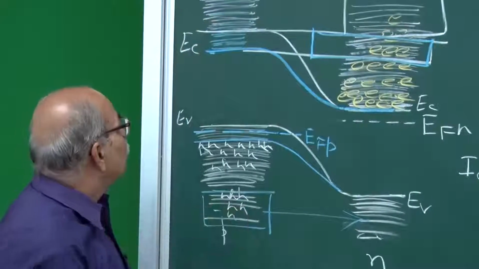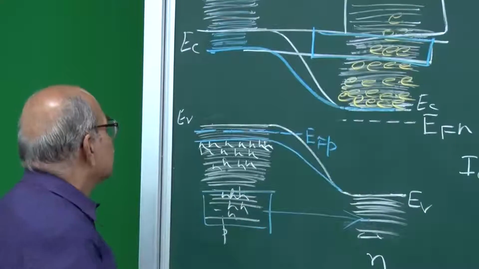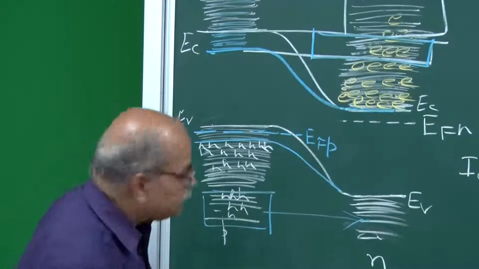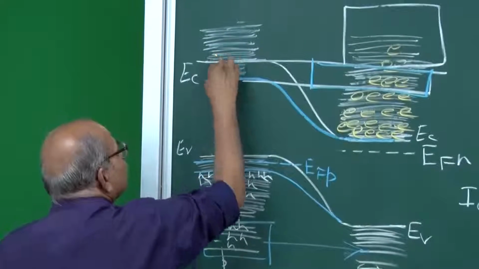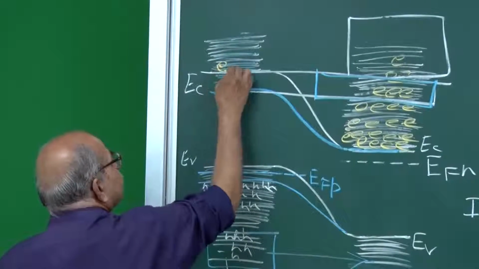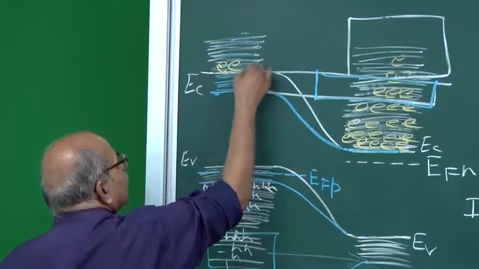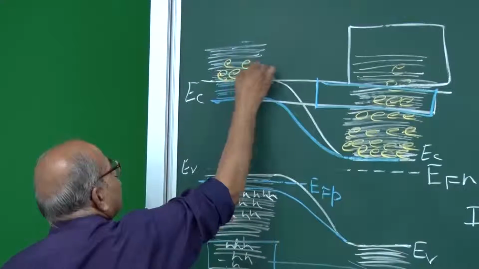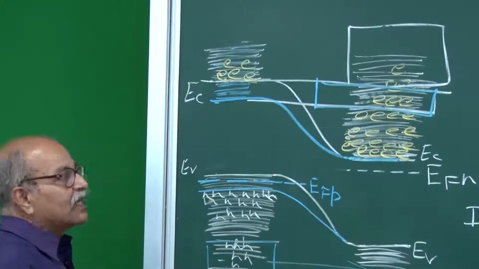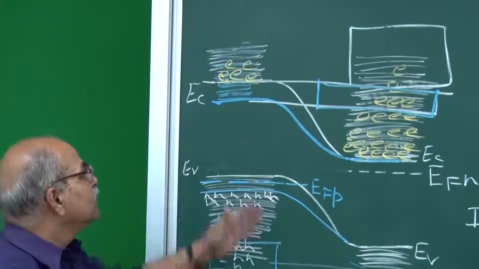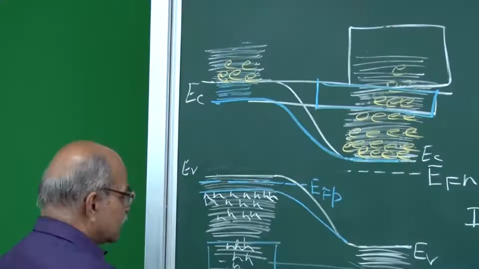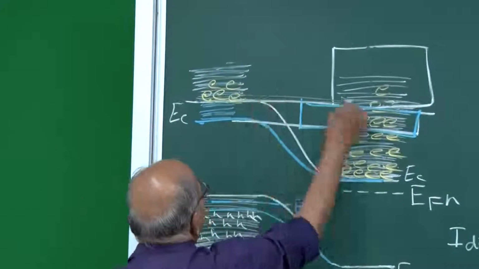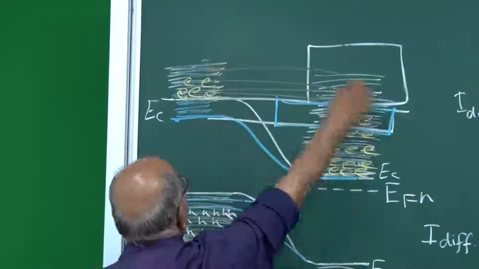So let me draw on this diagram itself. Originally your minority carriers start from here. This was the bottom of the conduction band. Under the electric field they tried to move towards the n side, and successfully they could do that because you had quantum states all over.